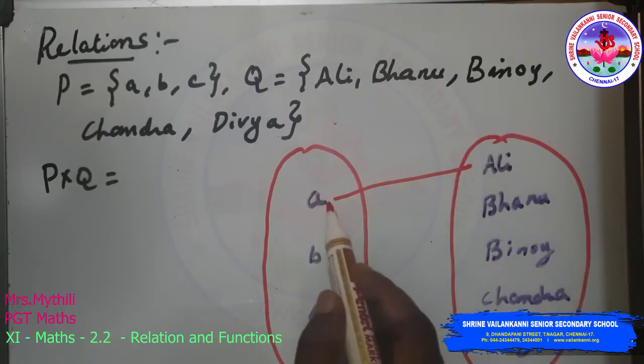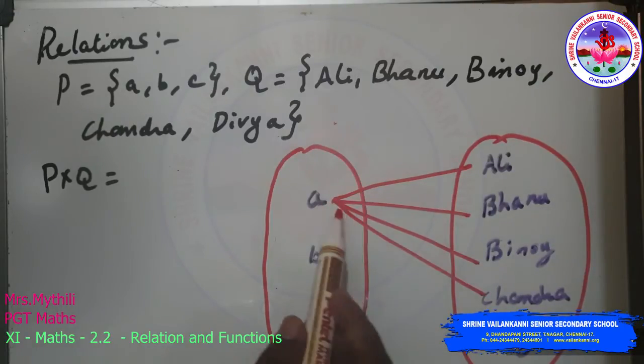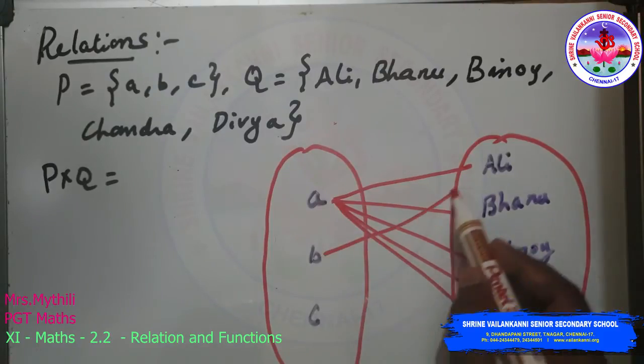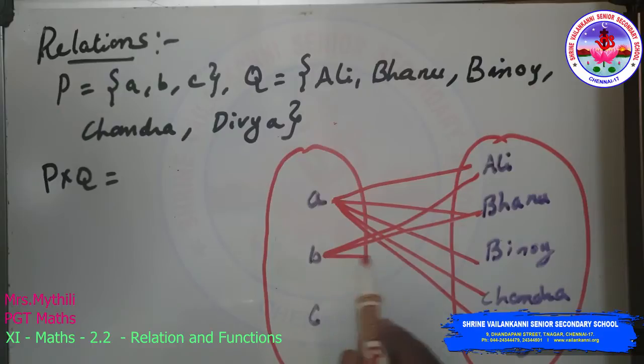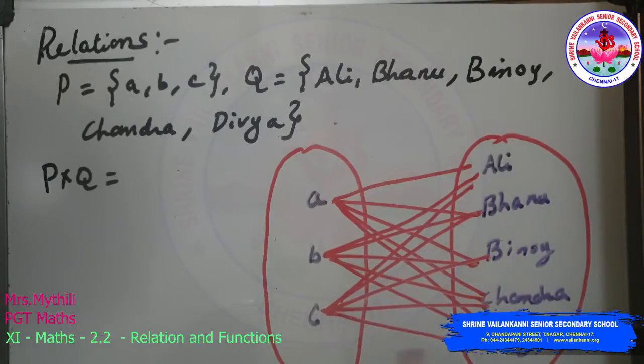That is P cross Q equal to A Ali, A Banu, A Binoy, A Chandra and A Divya. And again B Ali, B Banu, B Binoy, B Chandra and B Divya. Again C Ali, C Banu, C Binoy, C Chandra and C Divya.